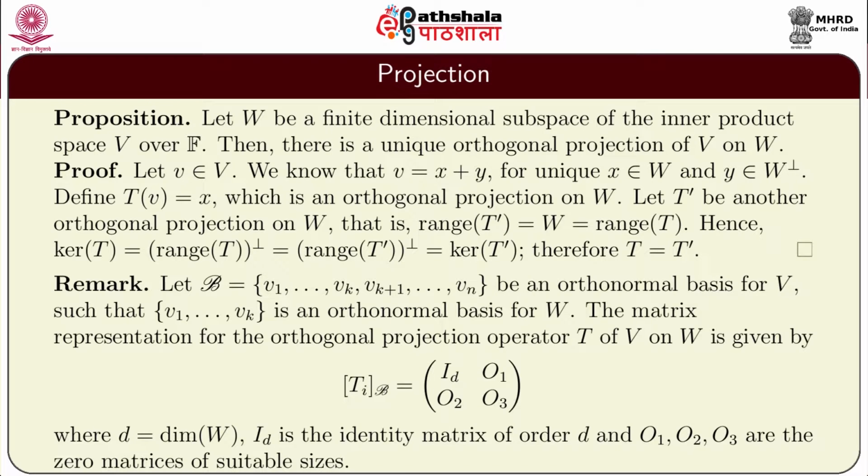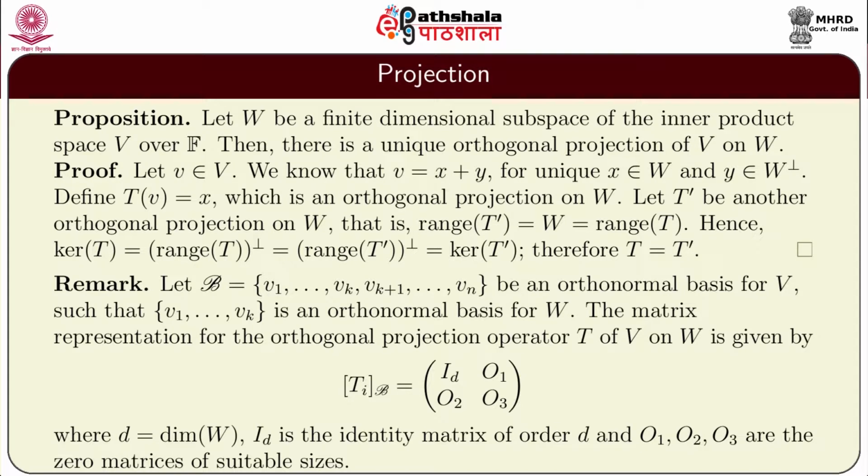Now, the proposition. Let W be a finite dimensional subspace of the inner product space V over F. Then there is a unique orthogonal projection of V on W. Proof. Let v belong to the vector space V. Then we know that v is equal to x plus y for unique x in W and y in W perp.